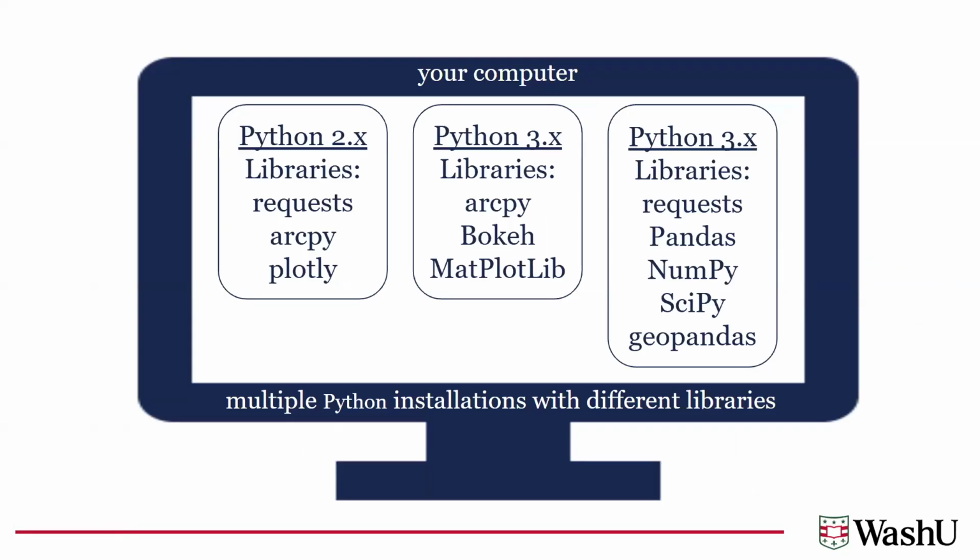And you can even have multiple instances of Python 3 on your machine, each with their own libraries. So when you're working with Python on your own machine, it's important that you know which Python instance your code is pointing to, because that's going to make it clear what libraries Python has available to actually run against.